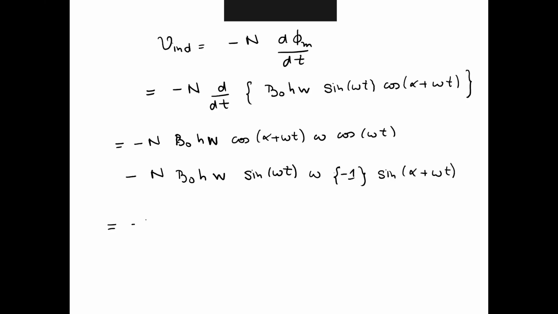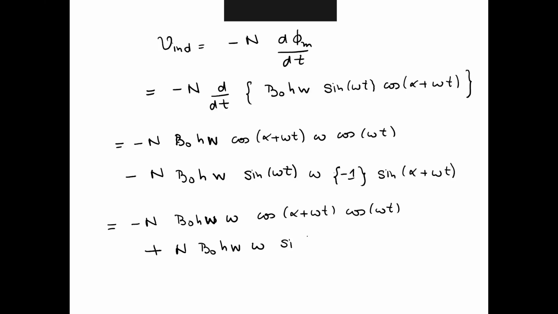So you can write this as minus n B naught h w omega cos of alpha plus omega t cos omega t plus n B naught h w omega sine omega t sine of alpha plus omega t.